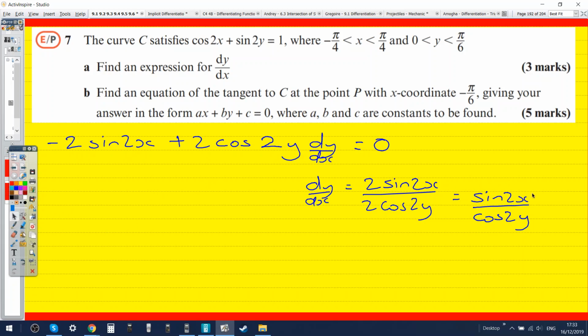So to find it, you have to substitute minus pi over 6. Wait, you have to find the y coordinate first.